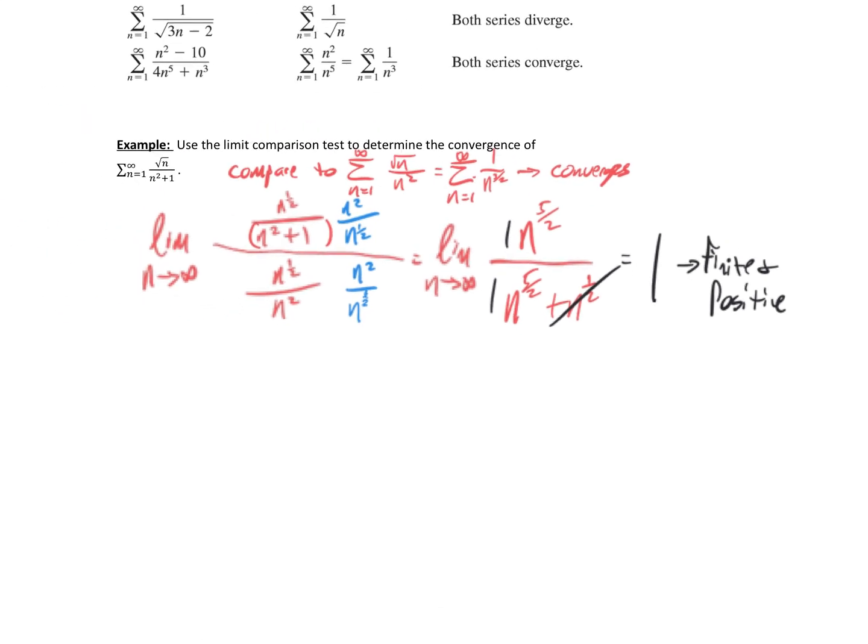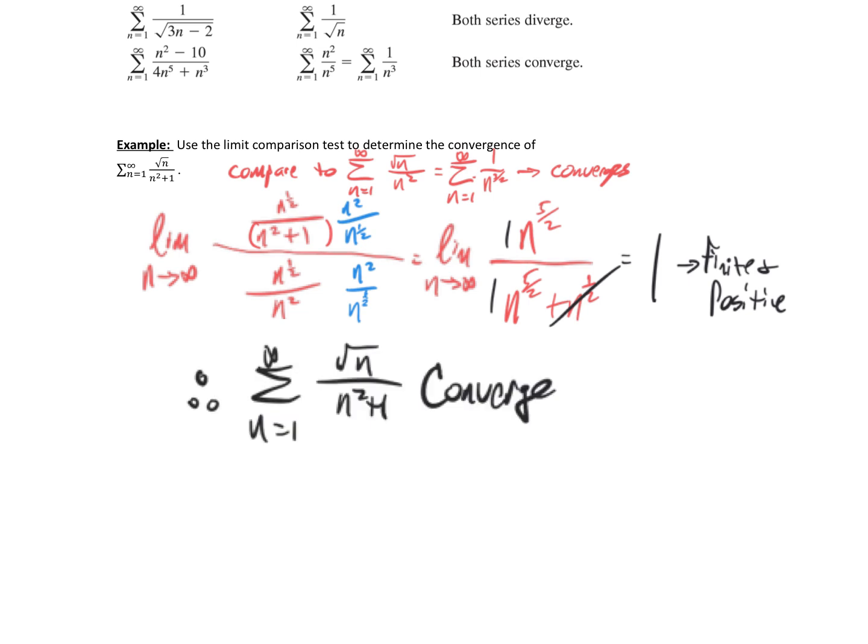Okay, so therefore, the sum from n equals 1 to infinity of the square root of n over n squared plus 1 converges, because they either both converge or both diverge, and we just showed up here that this converges. We might say up here this is by the P series. So this converges by the limit comparison.